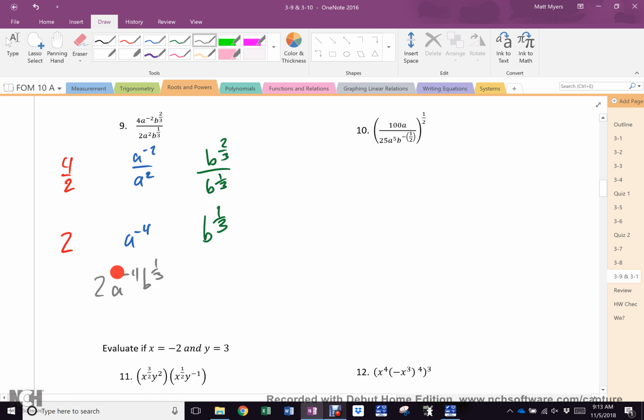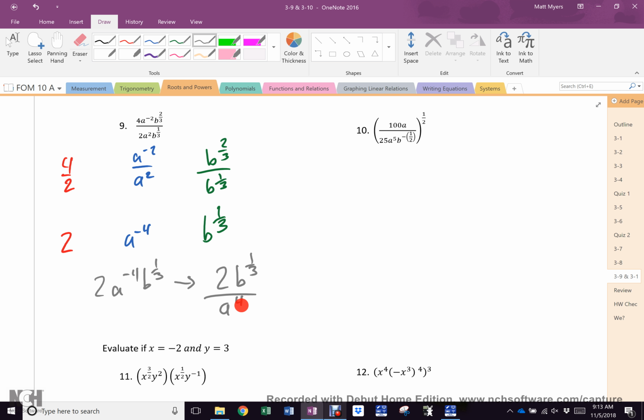Is that okay? It's okay if you want 3 out of 4. What do I need to do? Get rid of the negative. 2b to the 1/3 over a to the 4th. Can you leave it like that if I say I want it in radical form?